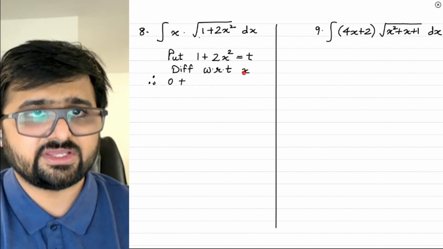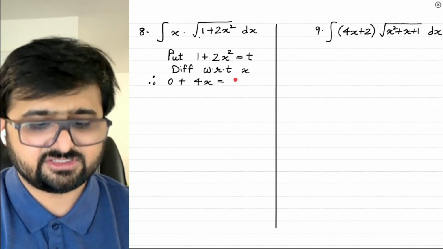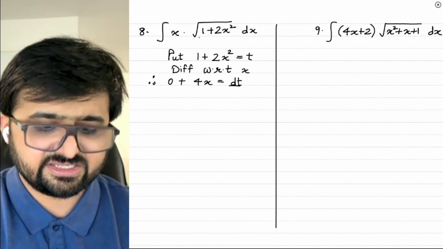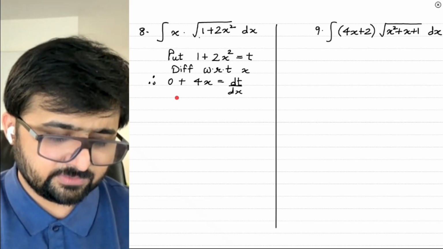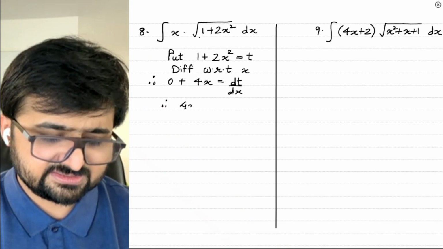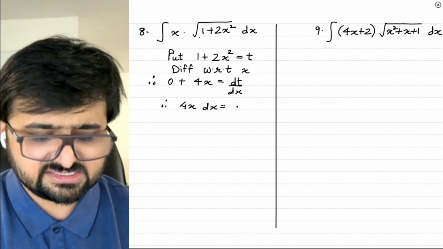Derivative of 2x square with respect to x is 4x. Derivative of t with respect to x is dt by dx. Now 0 plus 4x times dx is dt.